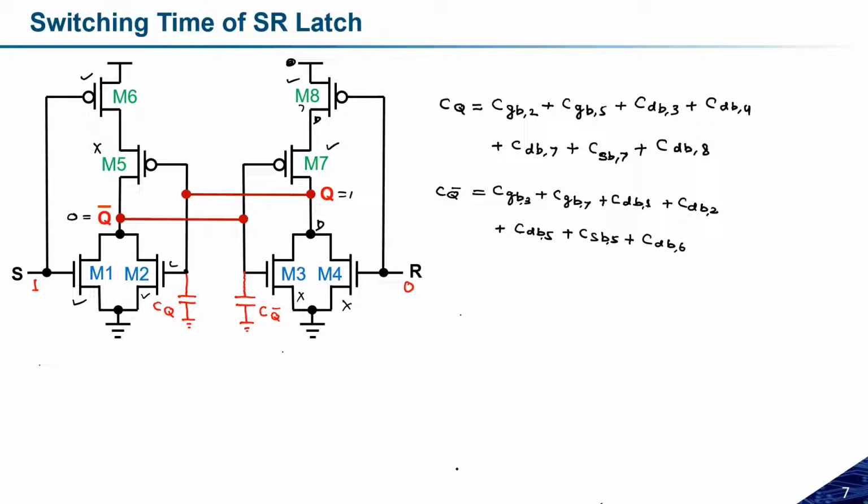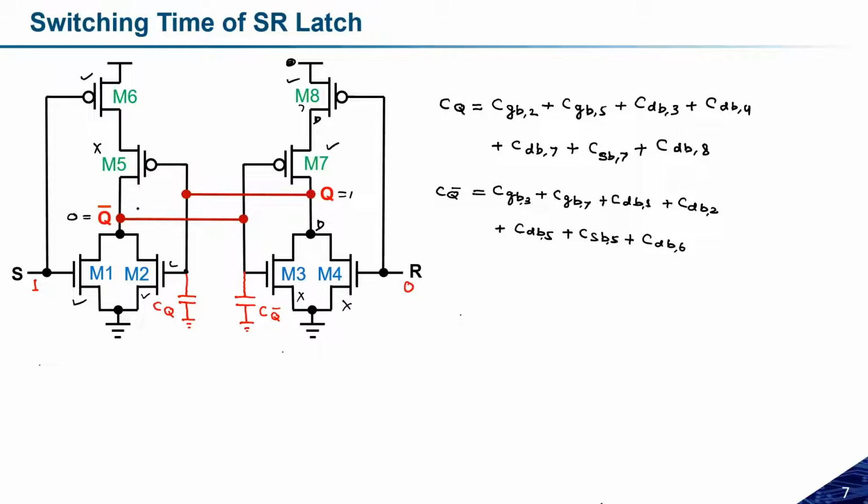Suppose I have set the value, and in that case I'm assuming that this ground will be transferred to the Q bar, and this Q bar will become 0.